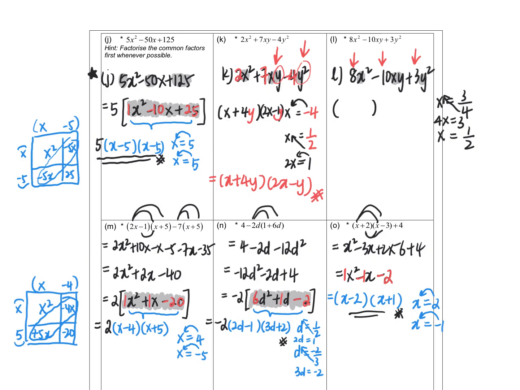Bring it back is 4x minus 3. Then the second one you cross, bring the 1 over, is 2x minus 1. But because there's y here, you need to add in a y on this side. Okay? So just go and add in that y. So for these two questions, it's a little bit different only.